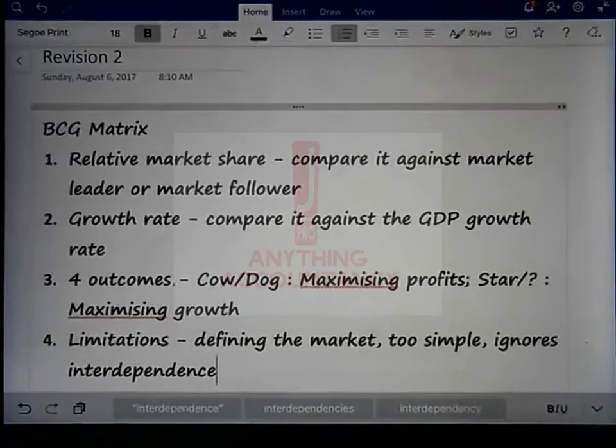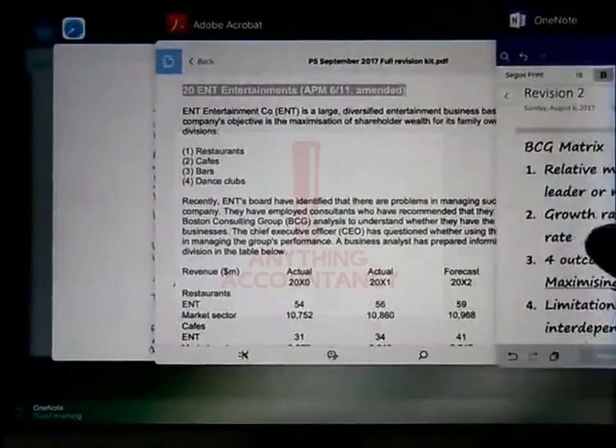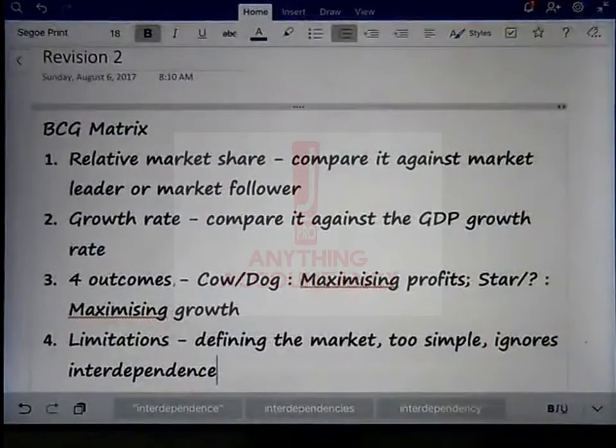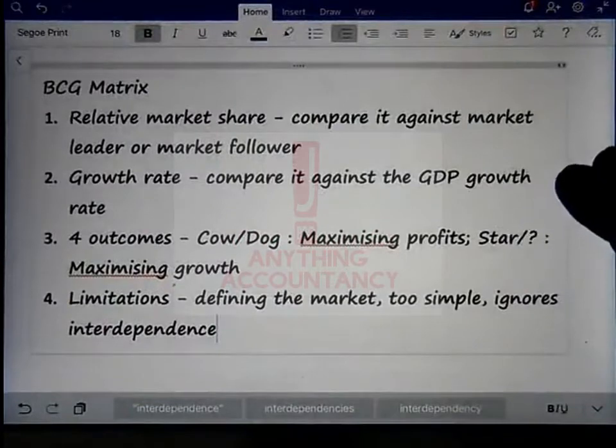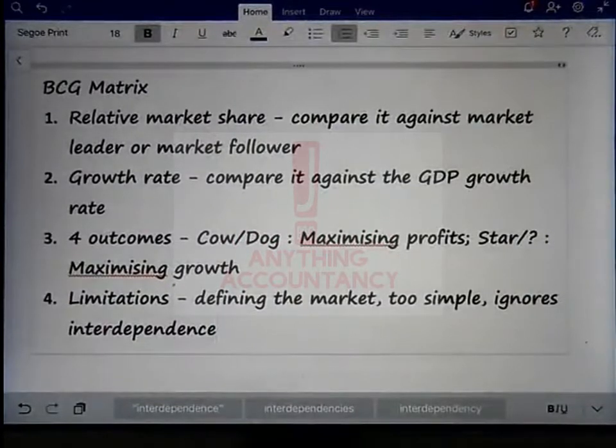The next thing you got is, let's look at a question right now. Are you okay, sir? This is the basic idea about BCG. So if BCG comes out, you better know how to handle it. So far the examiner has asked BCG 2 ways.